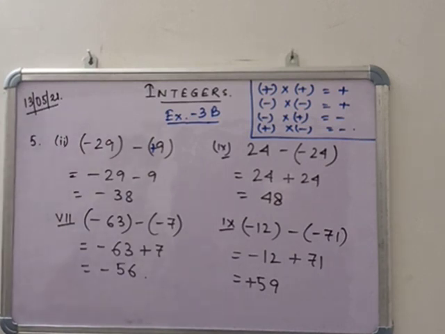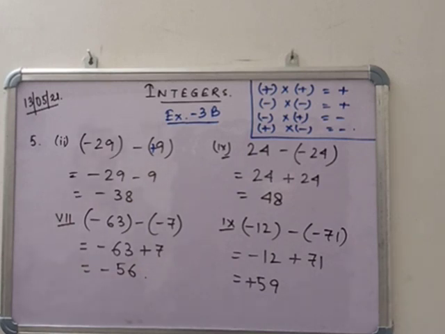If we multiply the same sign, then we get positive. When we multiply different signs, we get negative. Plus into plus is plus. Plus into minus is minus. Minus into minus is plus. Minus into plus is minus.